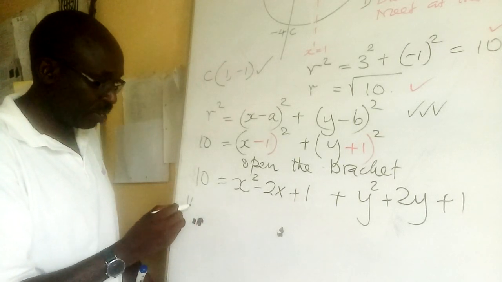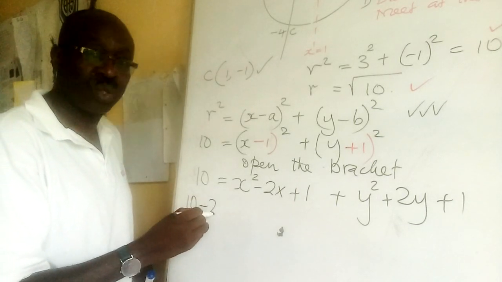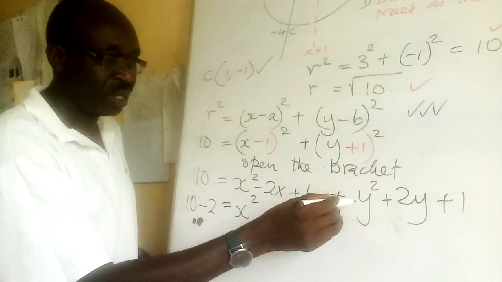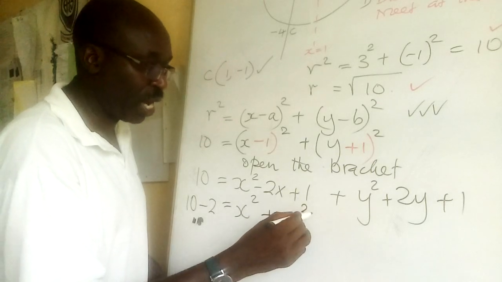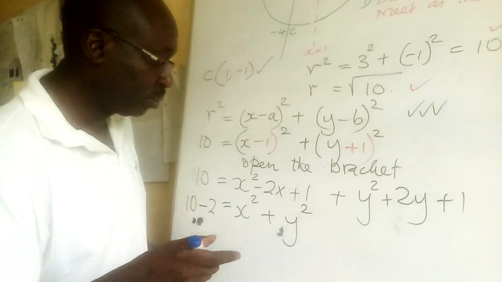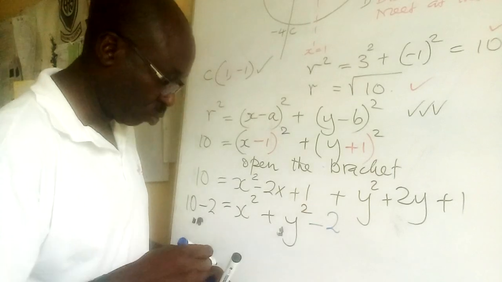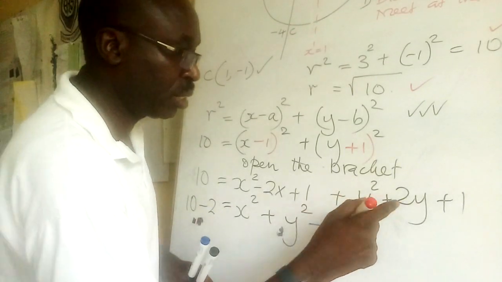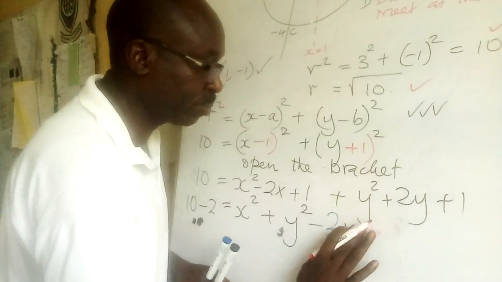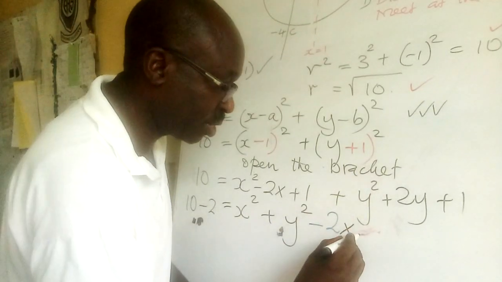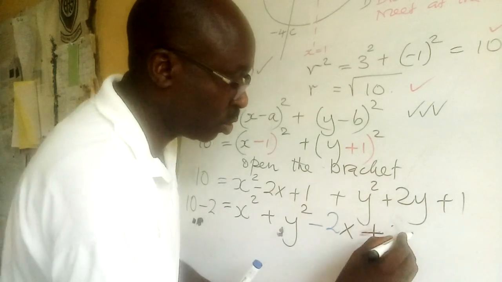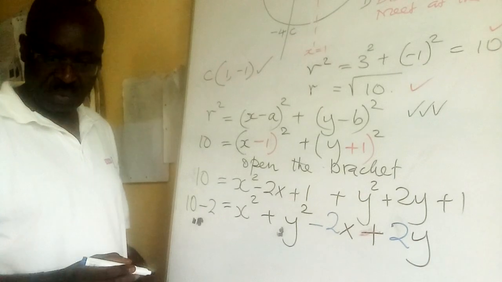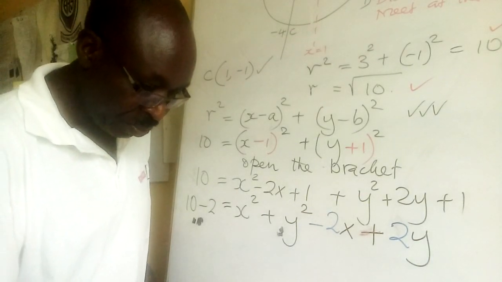So I have 10 minus 2 is equal to x squared, then plus y squared, and then minus 2x, then plus 2y.